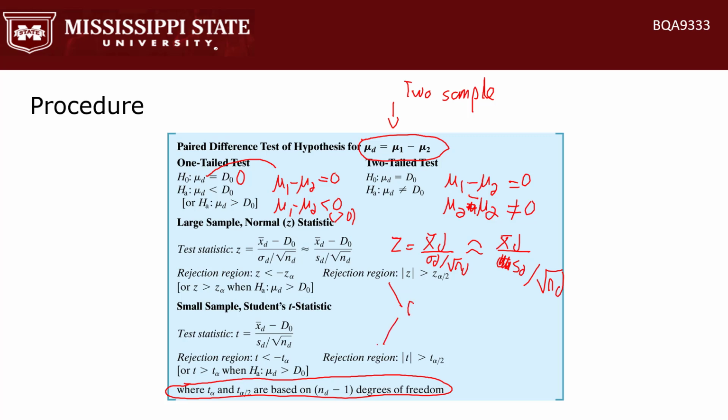So rejection regions. Single sample. Z, comma D test.